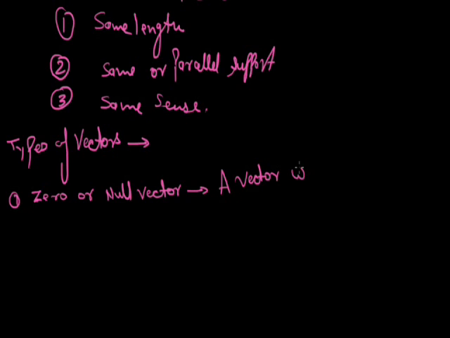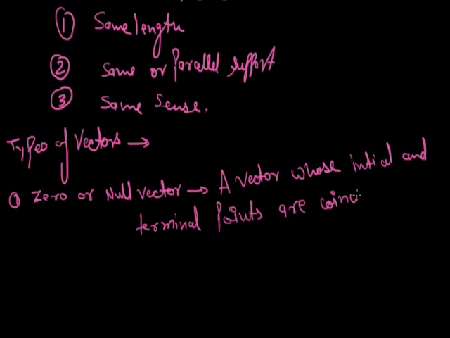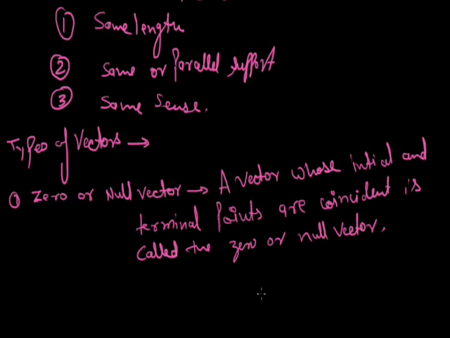A vector whose initial and terminal points are coincident is called the zero or null vector. The null vector is represented like this. The modulus of the null vector is 0.